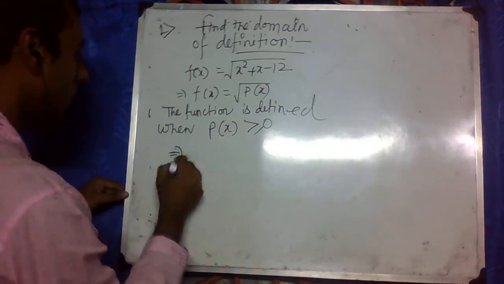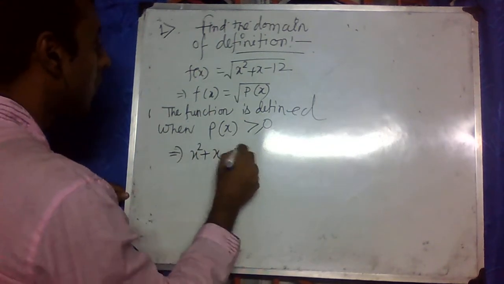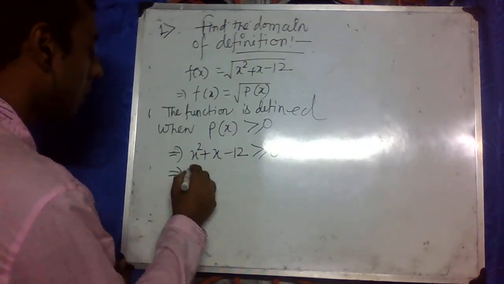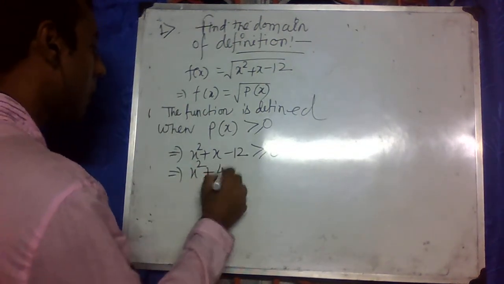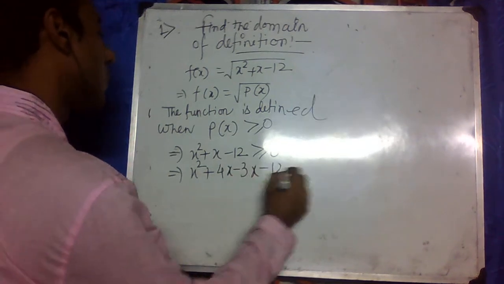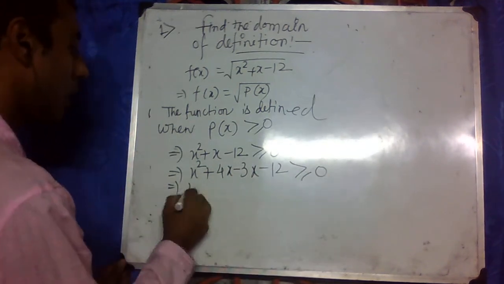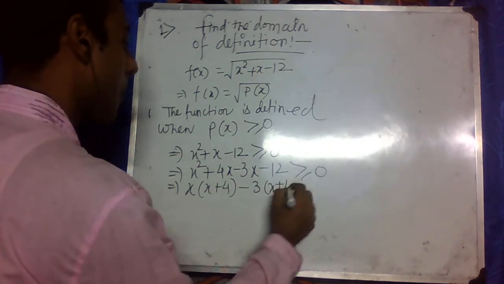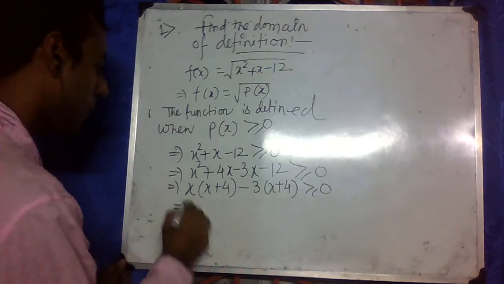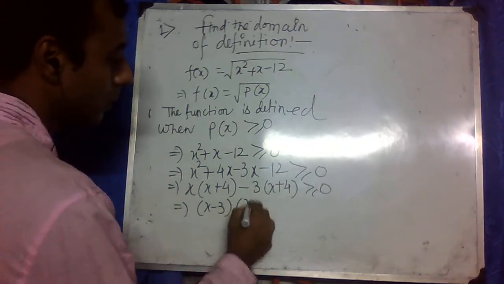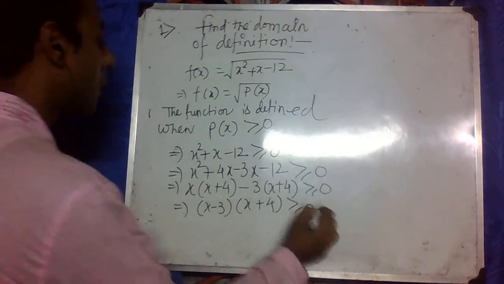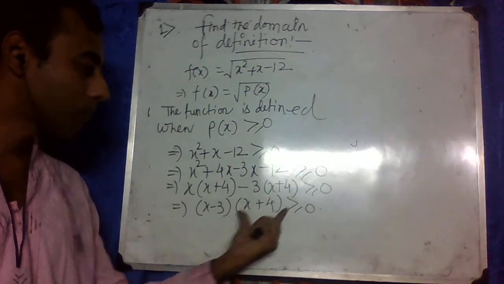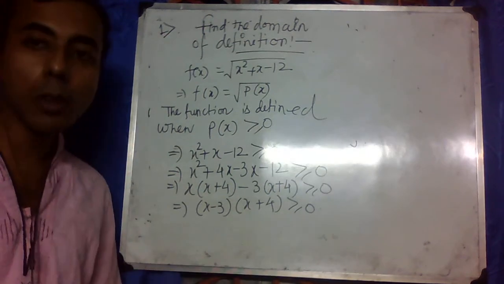p(x) means x square plus x minus 12. So x square plus 4x minus 3x minus 12, that is (x plus 4)(x minus 3). This is result number 2. Product of two linear terms greater than or equal to 0.